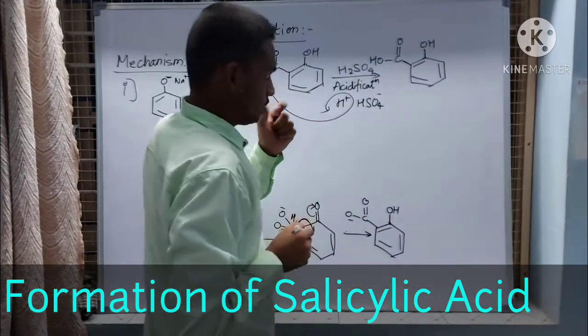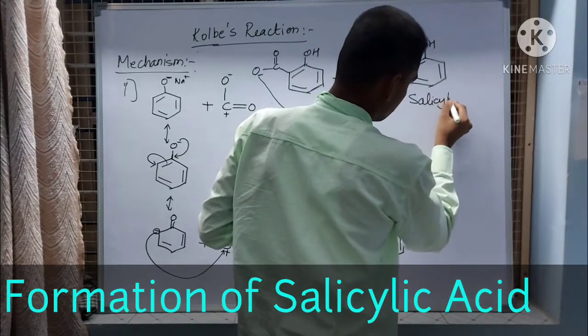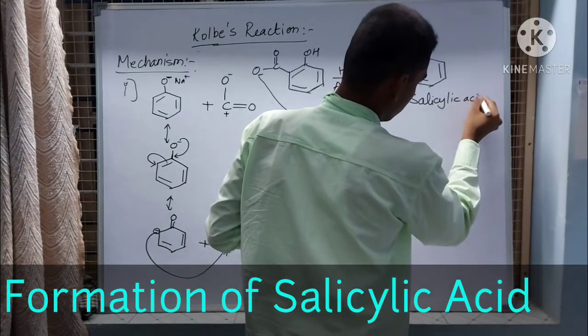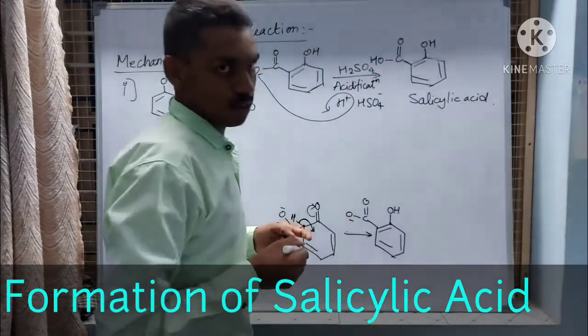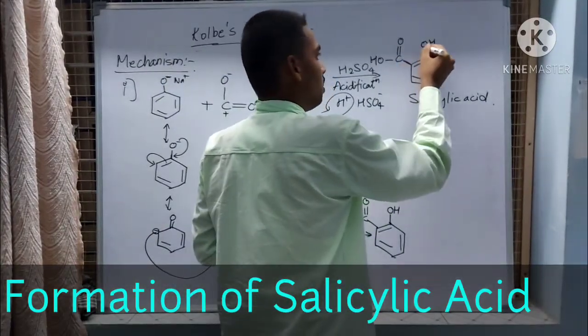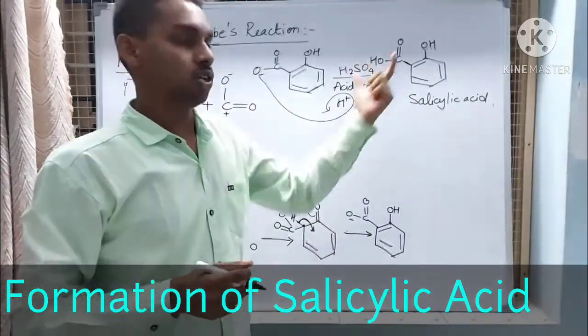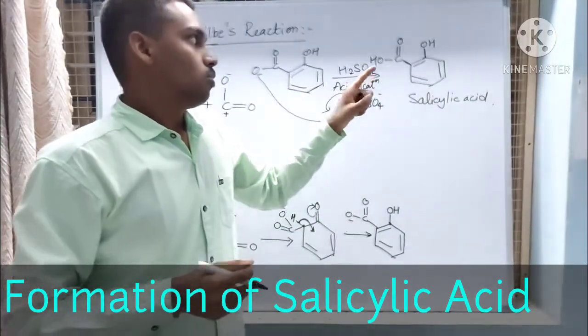Now look at this. This is what we require, salicylic acid. This is salicylic acid. The IUPAC name of this, let me name it. Here we have carboxylic acid and phenol, alcohol. We have two functional groups.